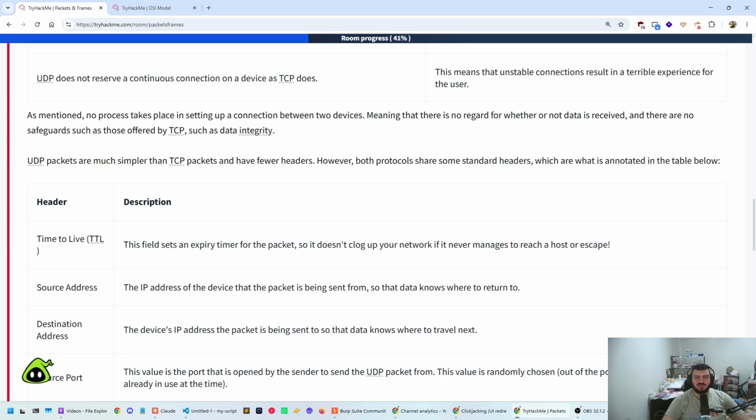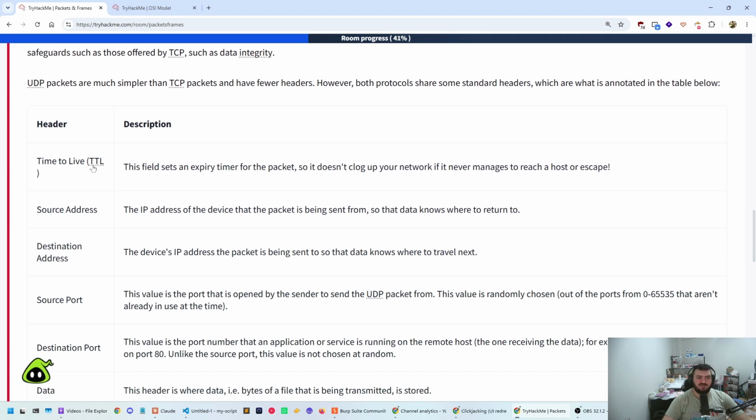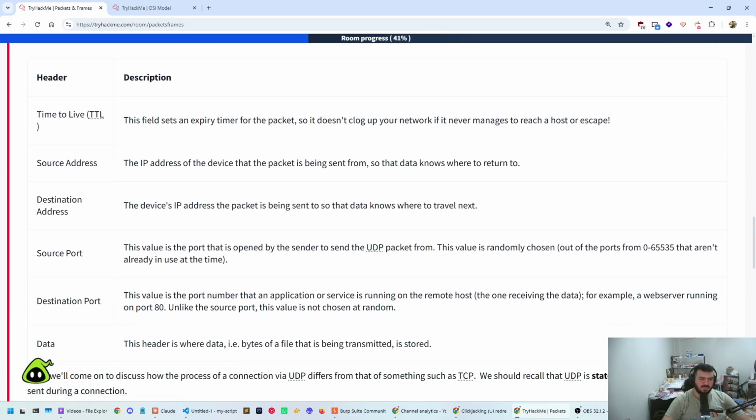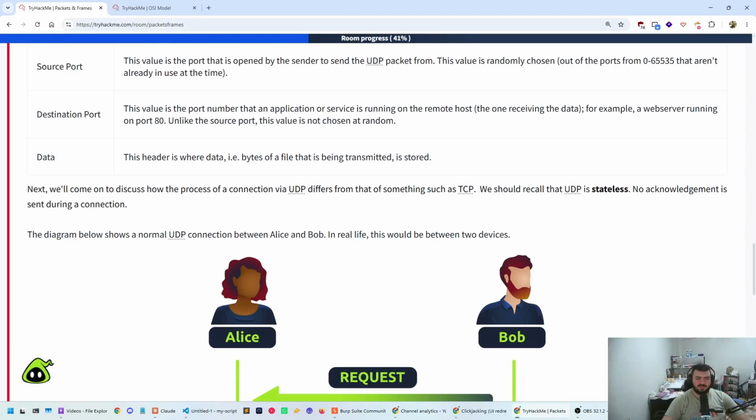As mentioned, no process takes place in setting up a connection. UDP packets are much simpler than TCP and have fewer headers. However, both protocols share some standard headers, which are what is annotated in the table below. Time to live, TTL, source address, destination address, source port, destination port, and data. So we know all of them already from TCP.